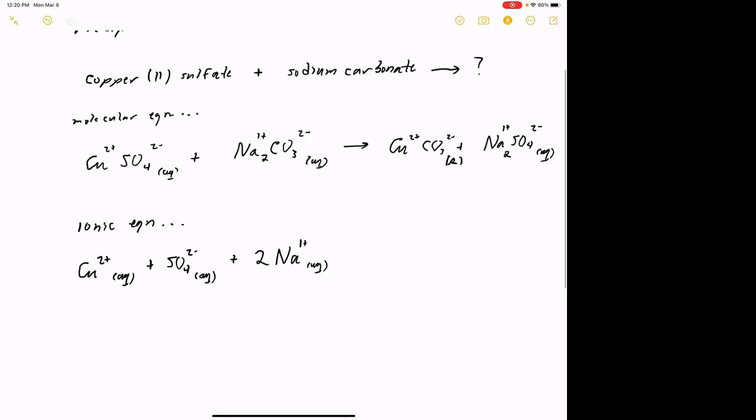Now, you'll see students try to do this sometimes. That's something different. That's insinuating that the 2 sodium ions are staying together as a unit, which they don't. So make sure you don't do that.